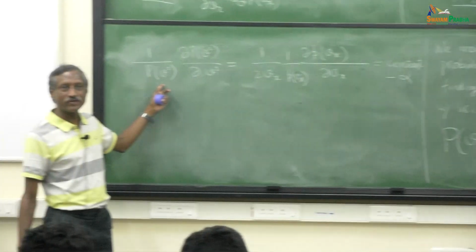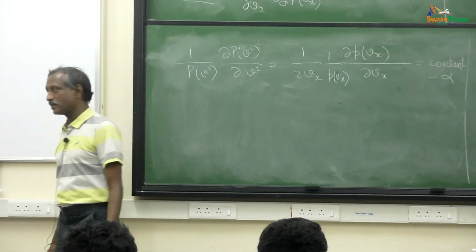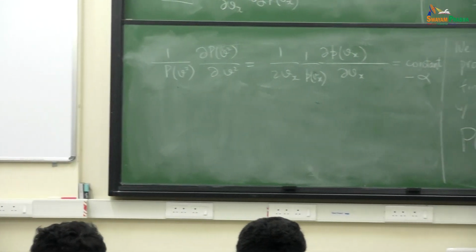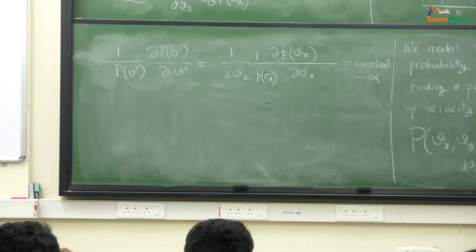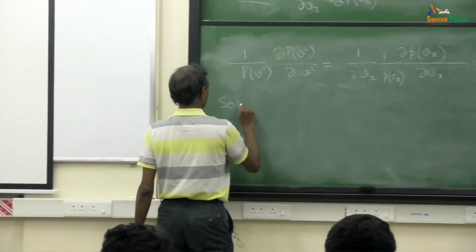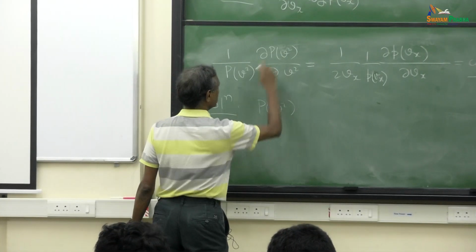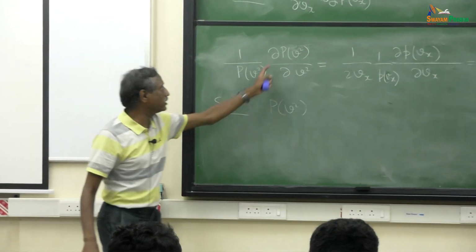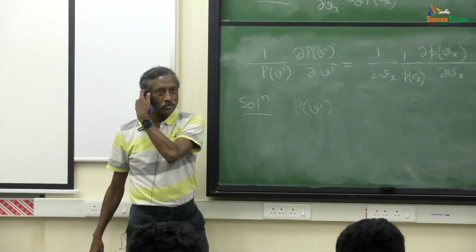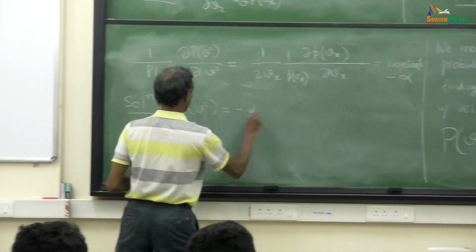So that gives you some value for p. It also gives you for little p. Can someone work it out? This is the easier one. It says d by d log of something. So it implies log of p of v square equal to minus alpha.